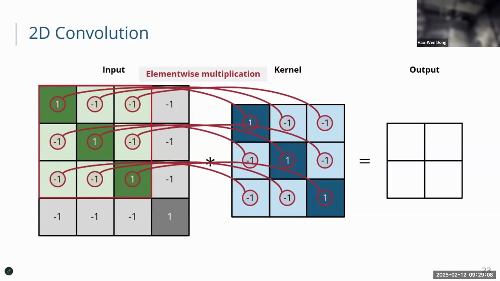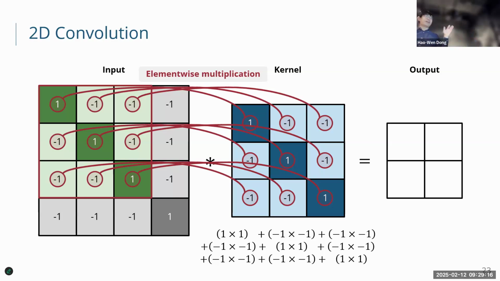This is a perfect match because it's exactly the same. When you have a perfect match, you get 9, the theoretical maximum value you can get with 1 and -1. So you get a 9 in your output.